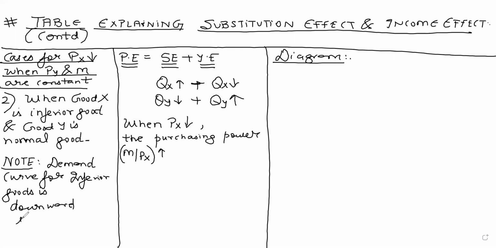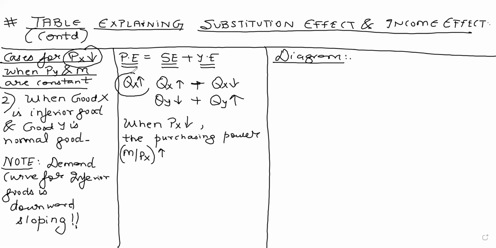Now we know the result. If the demand curve is downward sloping for inferior goods, when price of good X falls, what should be my price effect? When Px falls, in a nutshell, my Qx should rise.